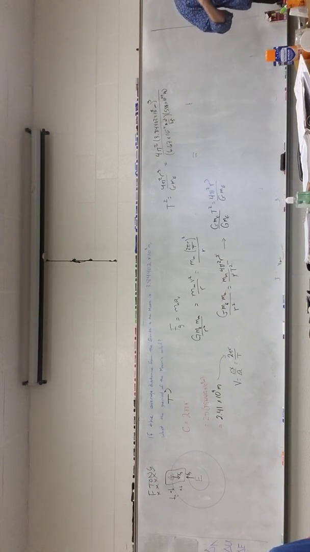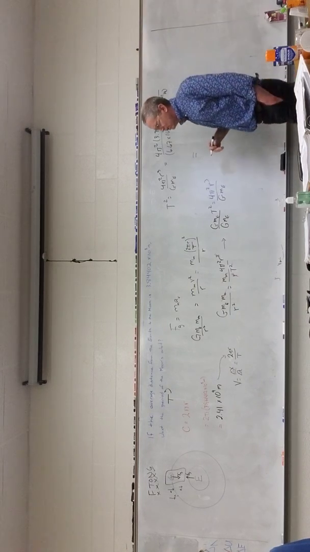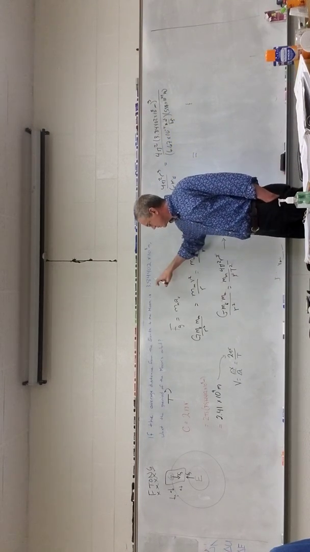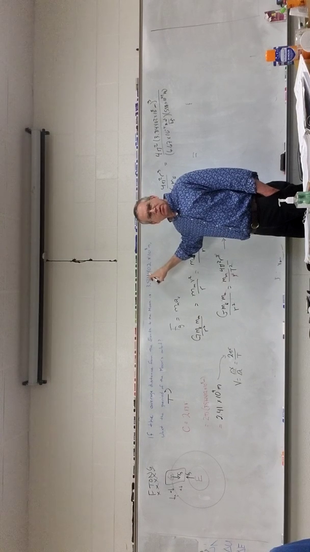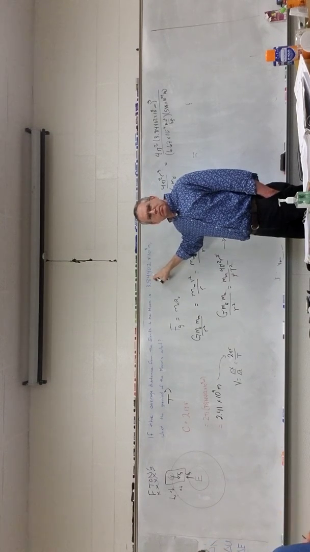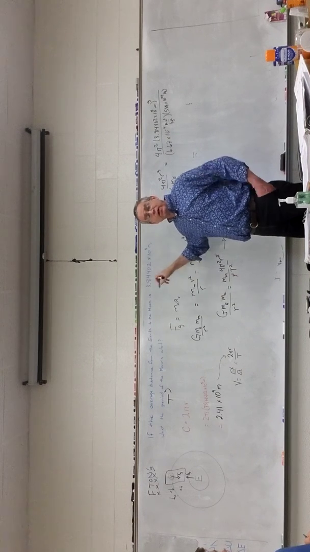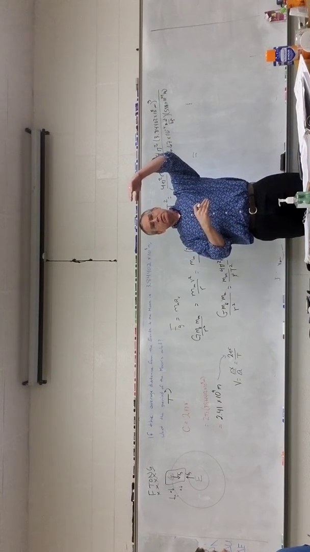I have a question. Why isn't the radius the distance plus the radius of the Earth? Because it's the distance from the moon to the Earth, right? You feel like it should be surface to surface? It's center to center.